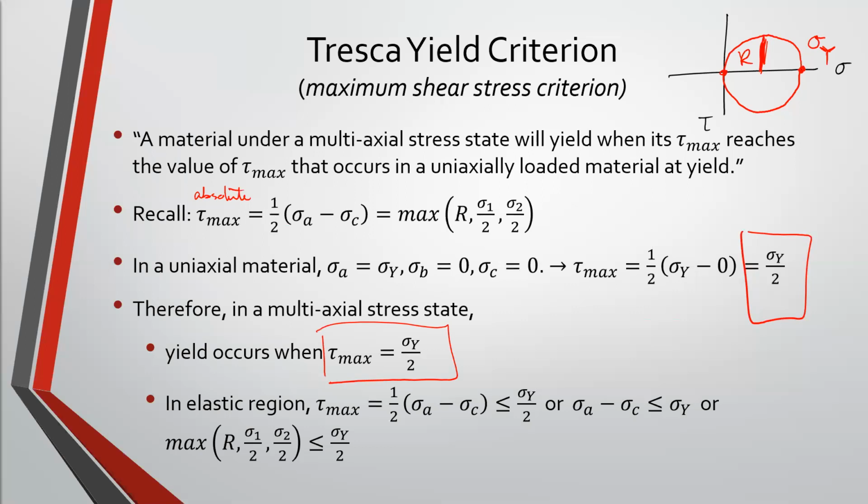So this is what our equation looks like. We can multiply both sides by 2 and it reduces to this. Or if you want to write it in the more general term, you can write it like that.